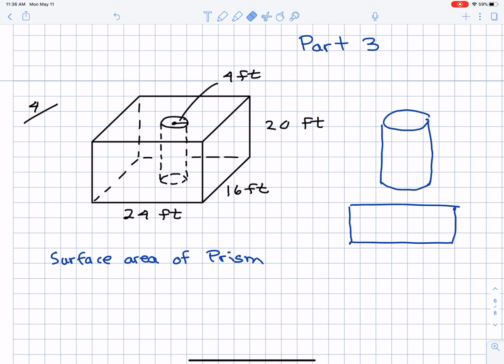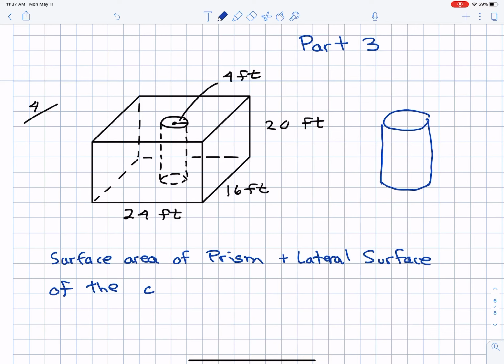So in the end, what this is going to look like is I'm going to add to this the lateral surface area of the cylinder. And then finally, I'm going to subtract these two holes because those are air, right?